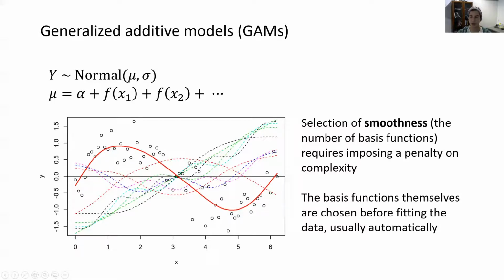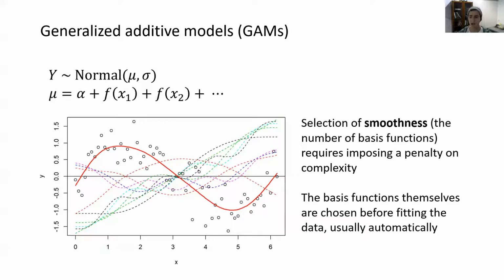We've got 9 basis functions here, but we might not need to use all of them to get a good fit. So for those ones that we don't need, we can just set their weights to 0. The more basis functions that we have with non-zero weights, the more wiggly this function can be. And the fewer basis functions we have, the smoother this function can be. So in essence, GAMs work by first choosing these basis functions arbitrarily before even fitting the model, and then using a version of maximum likelihood estimation to fit the weights for each basis function.